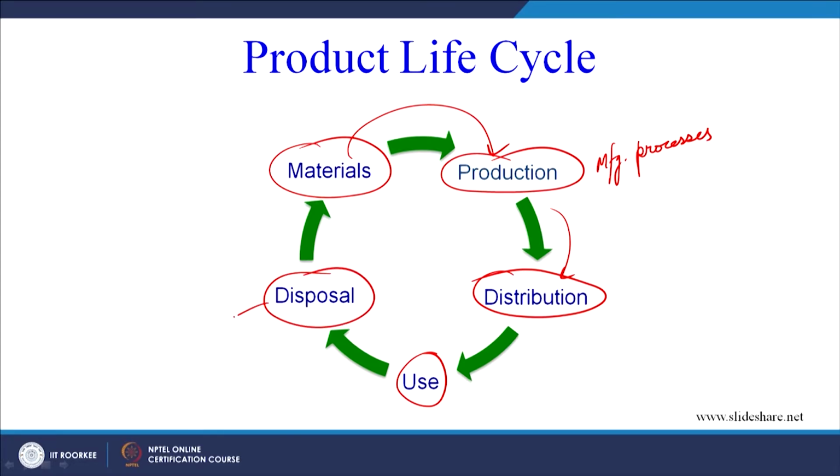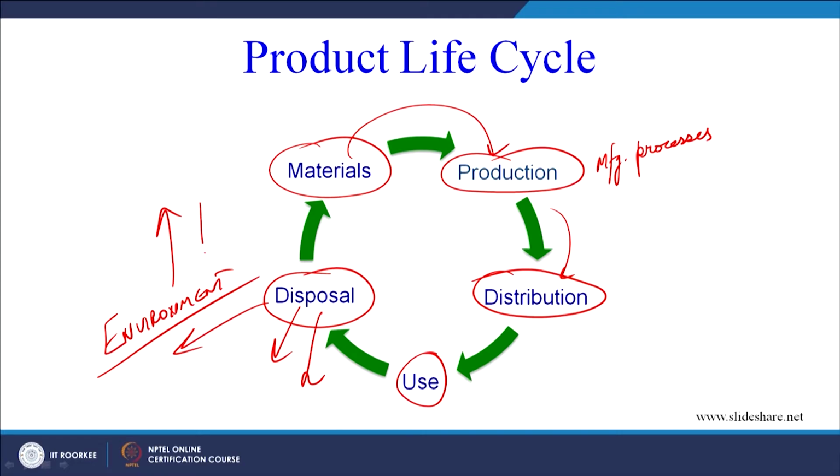Now, suppose this is disposed into the environment. So, our target will be that there is a positive impact on the environment because of this disposal process. There is no negative impact on the environment.